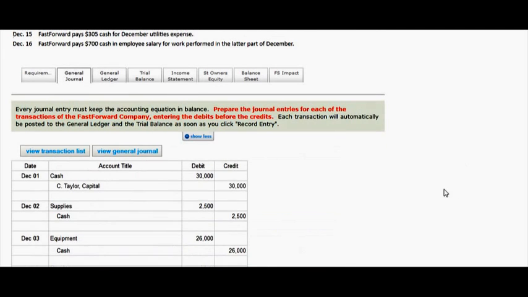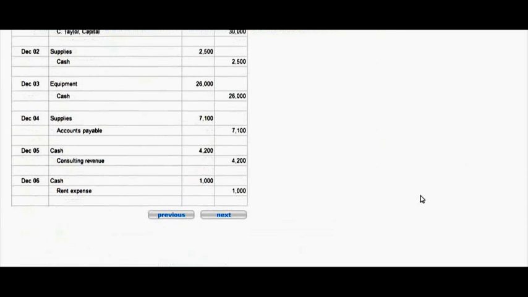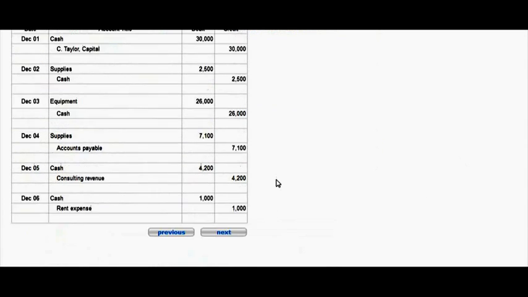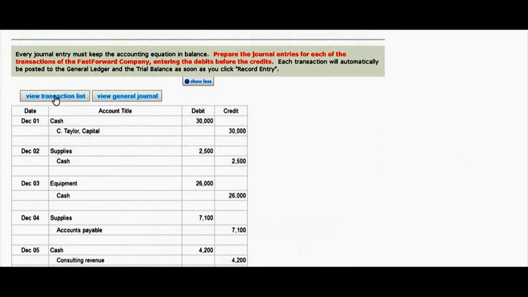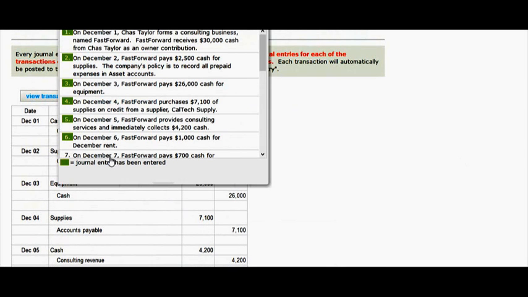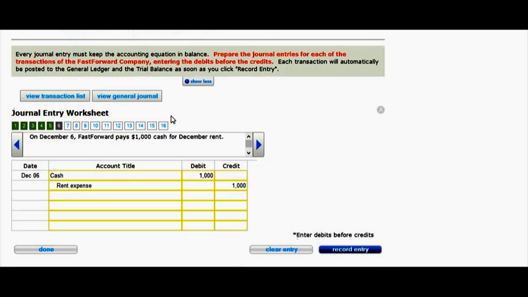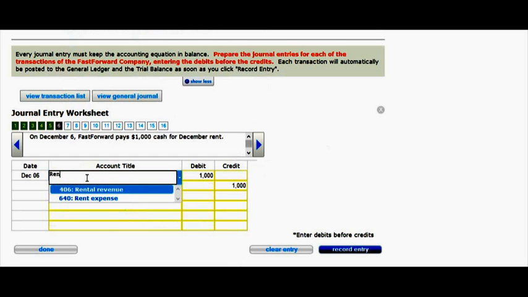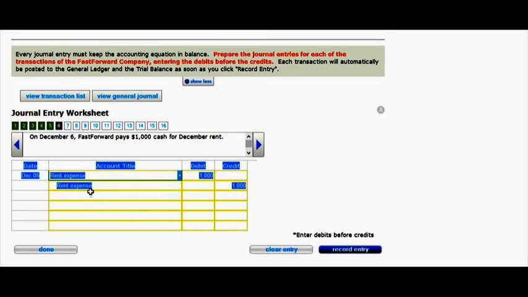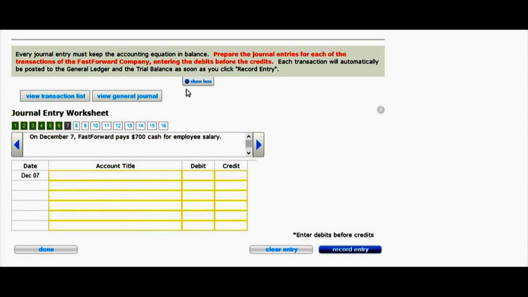So let's go back to the general journal. And these are all the things that we've done. View the transactions list. Which one was this? The 6th? And let's fix this. Debit our rent expense and credit the cash and record that entry.